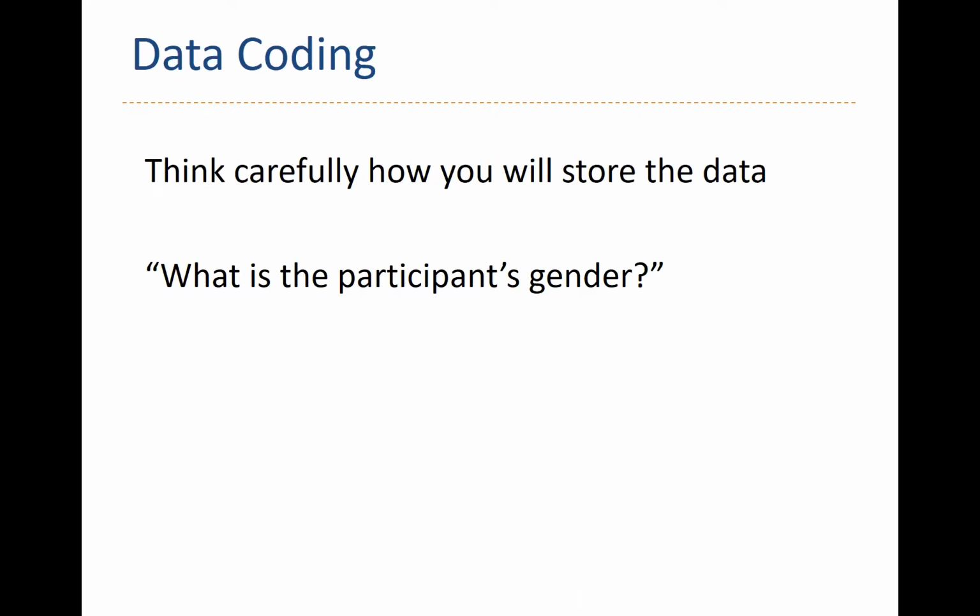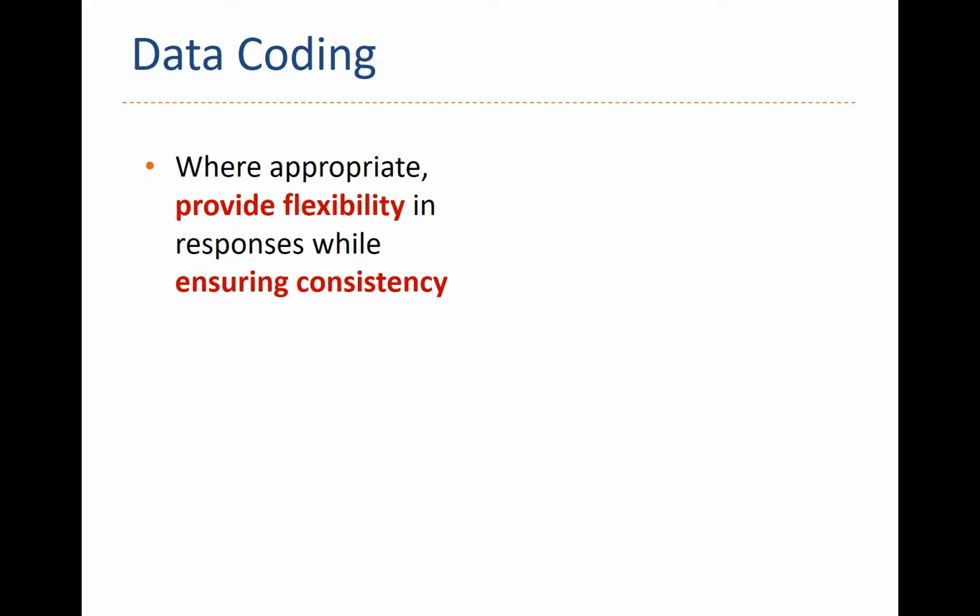Do I want to know about gender identity, what somebody identifies as? Do I need to know whether they have an intact uterus? Do I need to know whether they have a prostate? Those are very different questions, and they need to be captured in different ways. So think carefully about what I need to know and how I am going to ask it and collect it, both in a scientifically appropriate way and in a way that is sensitive and responsive to the needs of the participants you're working with.